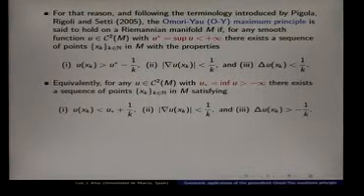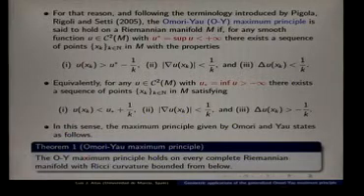Equivalently, we can also state the same for functions bounded from below, replacing the supremum by the infimum and changing the inequality on the Laplacian. In this sense, the maximum principle given by Omori and Yau states that the Omori-Yau maximum principle holds on every complete Riemannian manifold with Ricci curvature bounded from below.